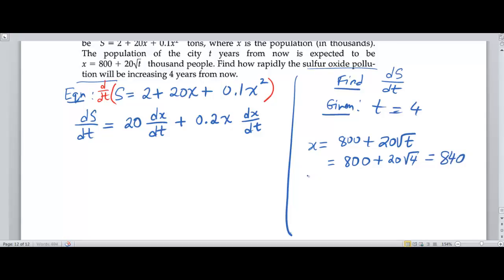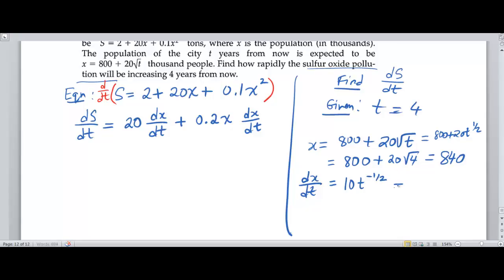And then I need to find dx/dt. So dx/dt, let me take the derivative of this guy here. This is written as 800 plus 20t to the 1/2. The derivative of 800 is 0. The 1/2 can come out front, so that's 10t to the negative 1/2. And then I don't need to write dt/dt, that's just 1.